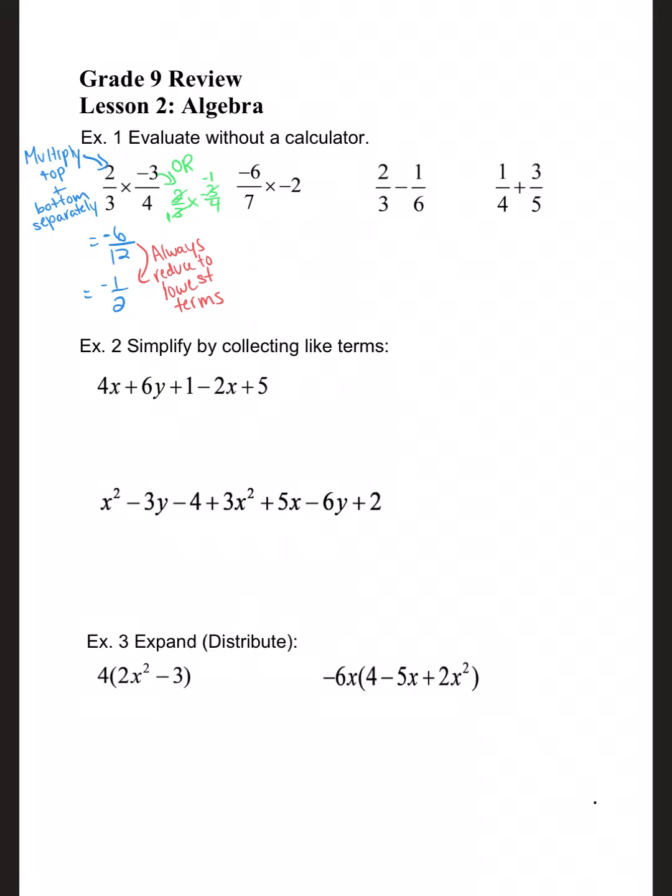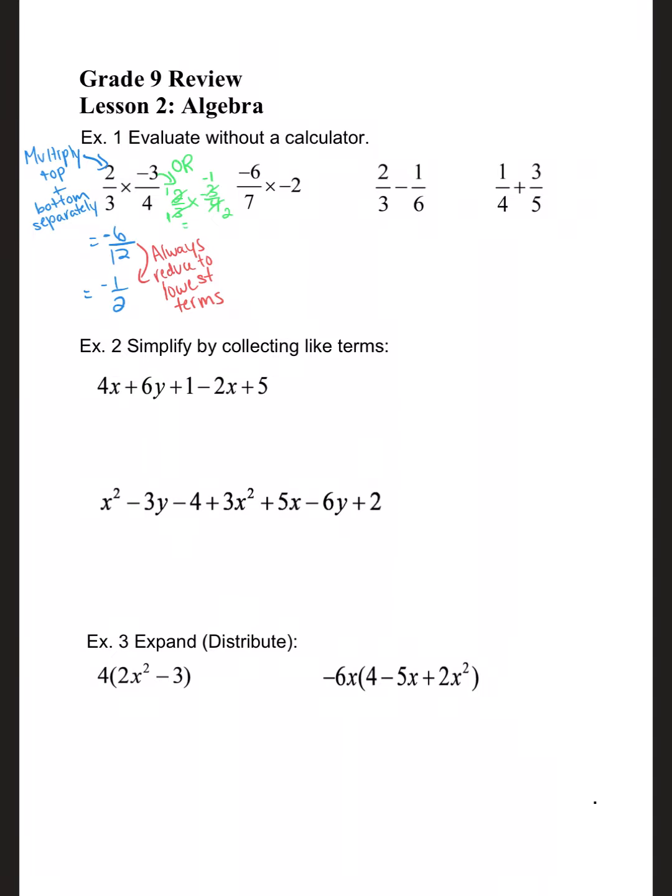And we could simplify our 2 and 4 as if that was its own fraction. So 2 and 4 would simplify to 1 and 2 if we divide both of those by 2. Then if we multiply across, our top numbers 1 times -1 is -1, and our bottom number is 1 times 2, which is 2. So you still get -1/2 either way, if you simplify before doing the multiplication or if you multiply and then simplify. Both will work.